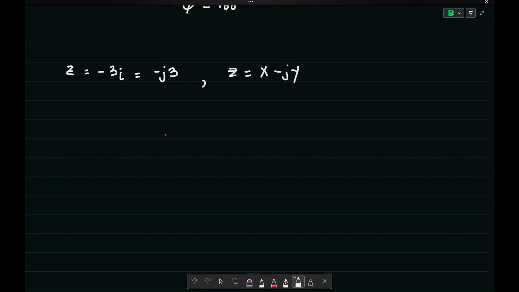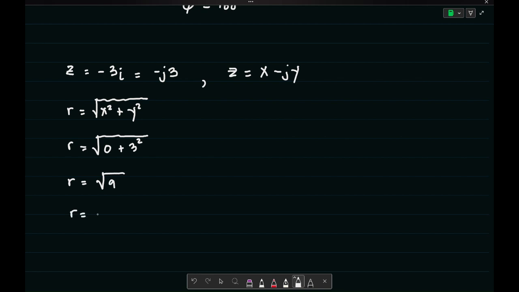So r is equal to, you know the formula, the square root of x squared plus y squared. So r is equal to the square root of x, that is 0, plus y, which is 3 squared. Then r is equal to the square root of 9, and r is equal to 3.